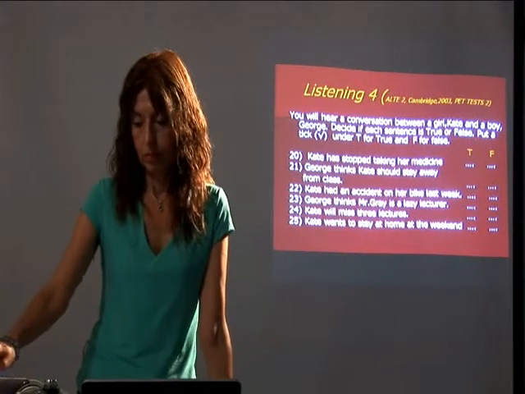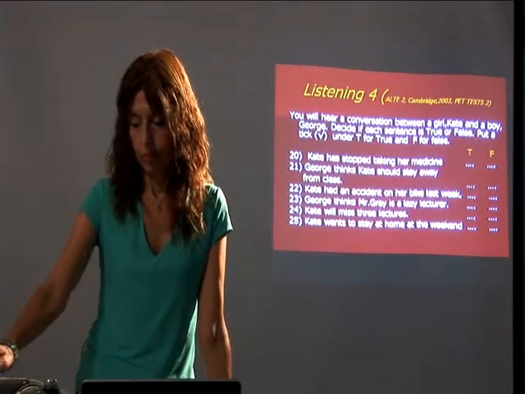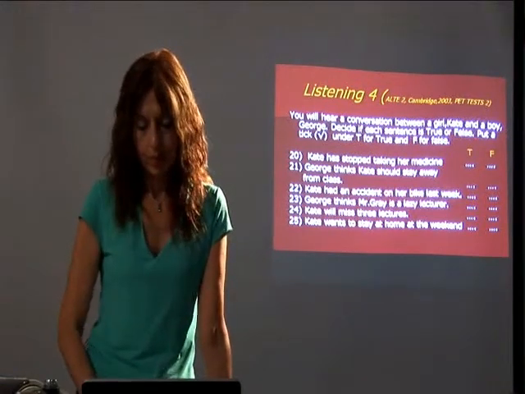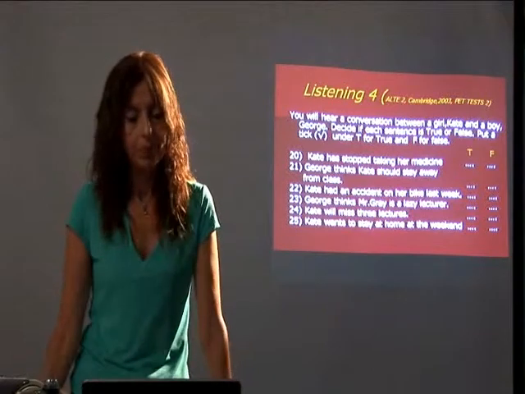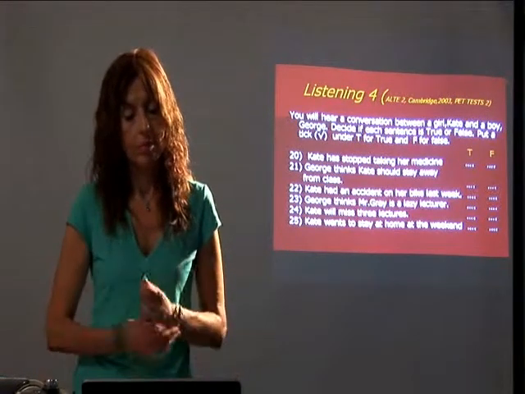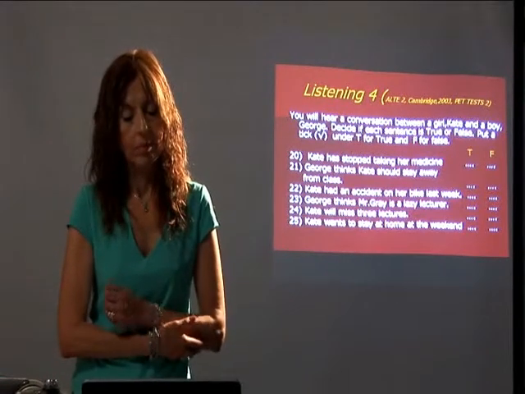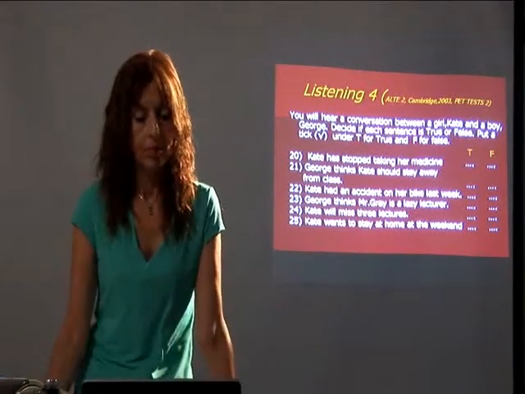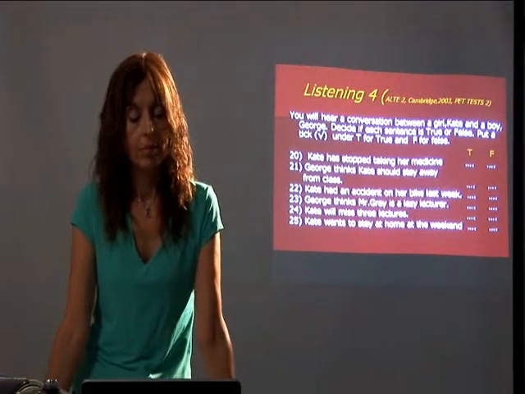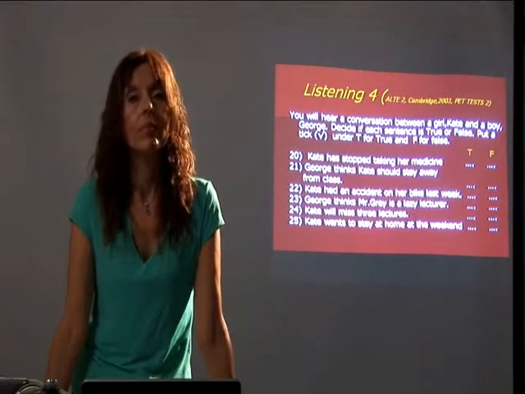Now listen again. Now turn to part 4, questions 20 to 25. Look at the 6 sentences for this part. You will hear a conversation between a girl, Kate, and a boy, George.